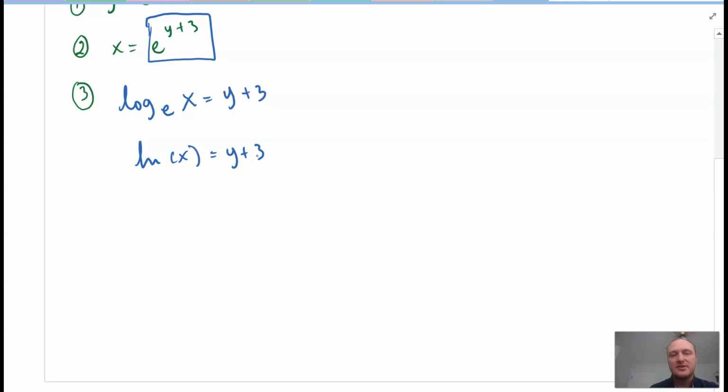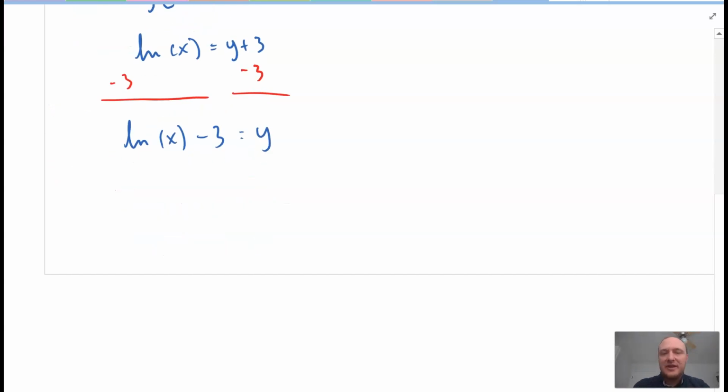And then I want to solve for y by subtracting 3 on each side. So we have the natural log of x minus 3 is equal to y. Notice how I didn't include that -3 inside the argument. It doesn't go into the logarithmic function.